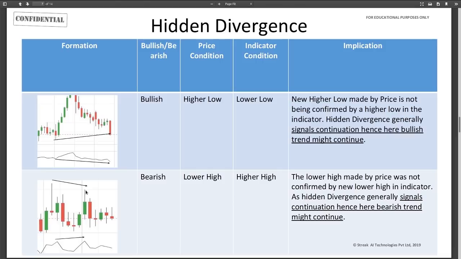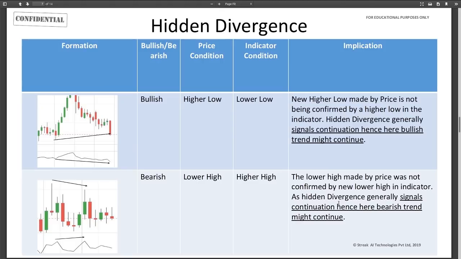What that means is the new high is lower than the previous high, okay, and the indicator has formed a higher high, which basically means the new high of the indicator is higher than the previous high. This basically signals that the bearish trend might continue.